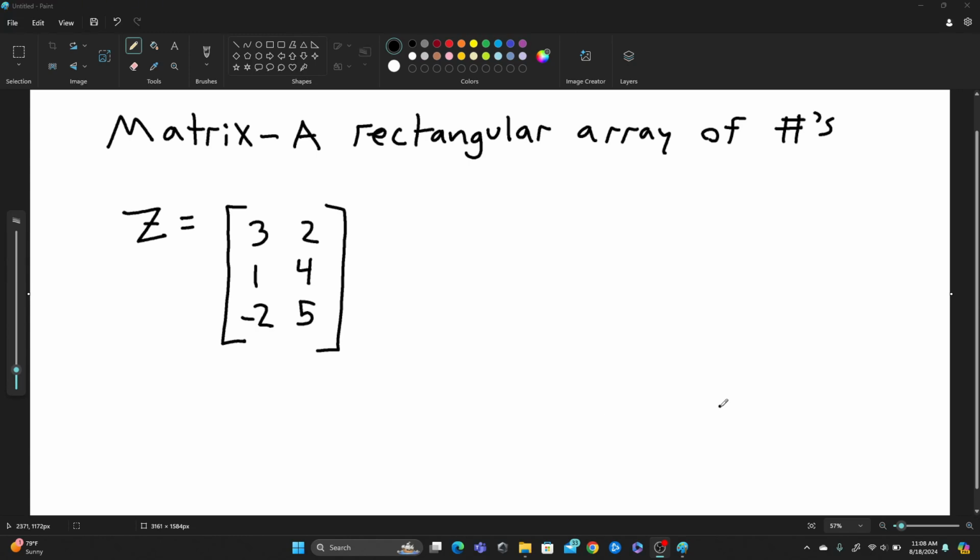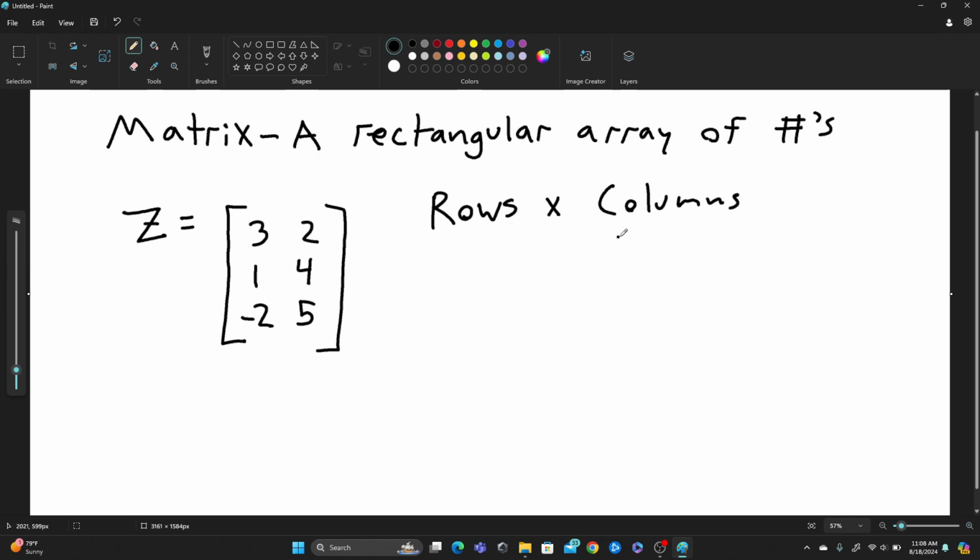So basically a matrix is a rectangular array of numbers. So for example here we have matrix Z, and matrix Z would be a 3 by 2 matrix. When you're reading matrices, you always read them rows by columns.